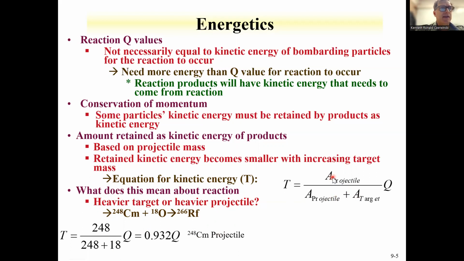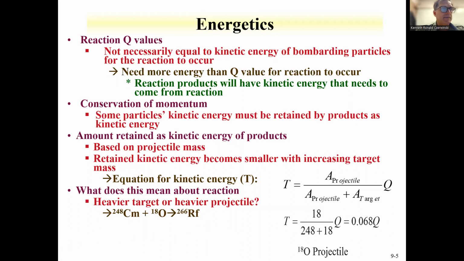If I have curium-248 and oxygen-18, and the projectile is curium-248, I get this value. If the projectile is oxygen-18, I get this value.